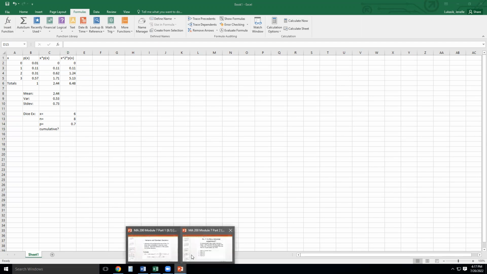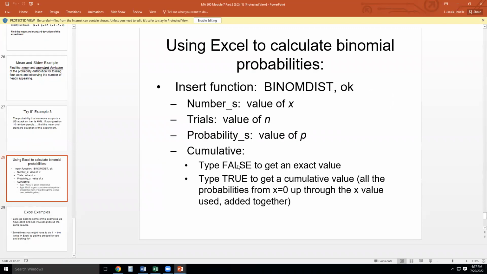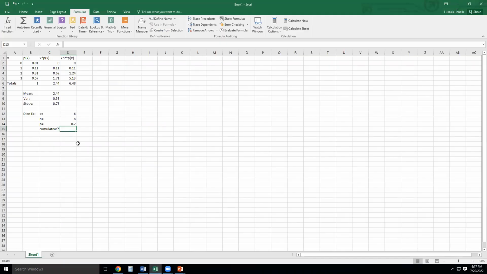In this case, it's asking you if you want to total up from X equals 0 successes up through the X value that you put in as a cumulative answer, where you don't have to do each of those separately. If you want just one X all alone, not a mix of X's together, then we call that an exact value, in which case we don't want cumulative. We want to say, no, don't add anything. So in our case here, we don't want it to add anything. We just want X equals 6, just that exact number of successes, not more or fewer successes than that.